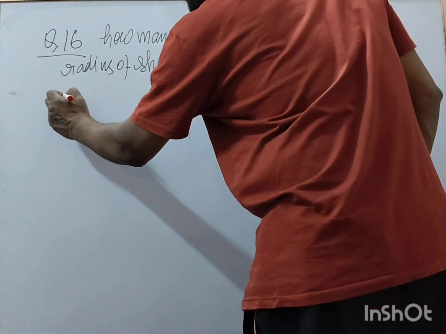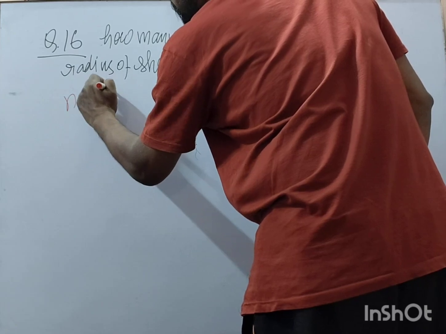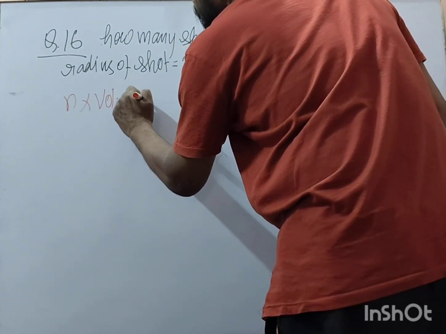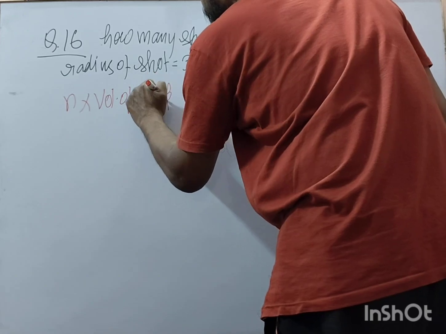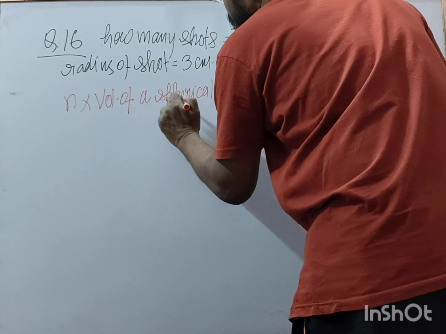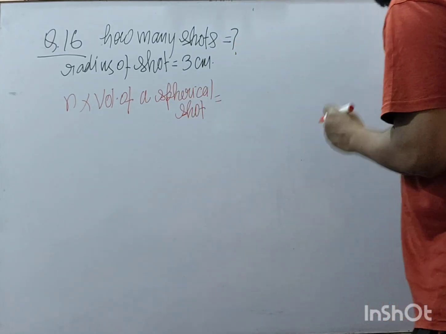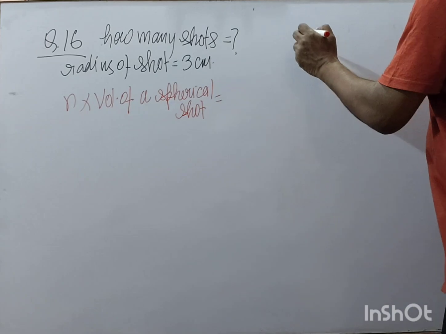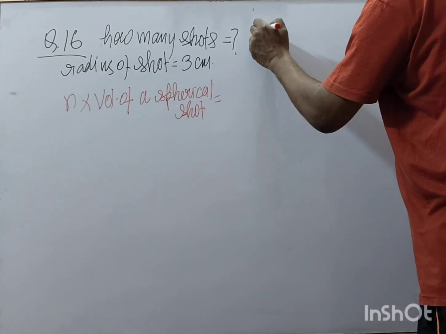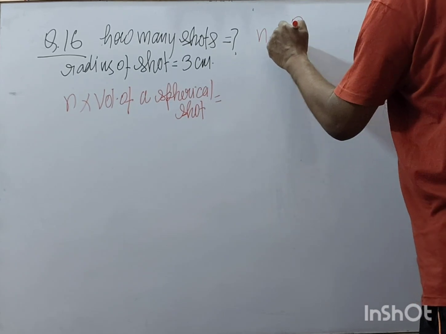You know, n into volume of a spherical shot is equal to volume of the cuboid. It can be made from a cuboidal lead solid of dimension 9 centimeter.